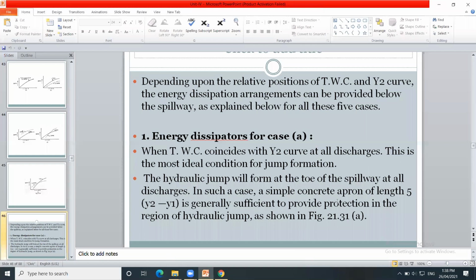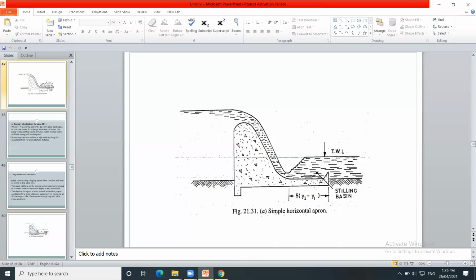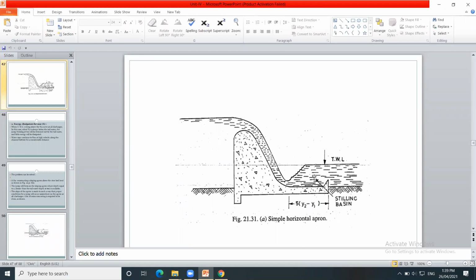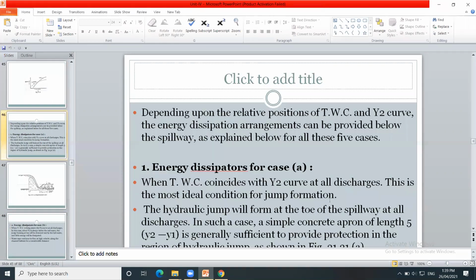In such case, simple concrete apron of length 5 into (Y2 minus Y1) is generally sufficient to provide protection in the region of hydraulic jump. So when this TWC curve and Y2 curve coincide, in that case, this simple concrete apron which is placed at the downstream side has length 5 into (Y2 minus Y1).